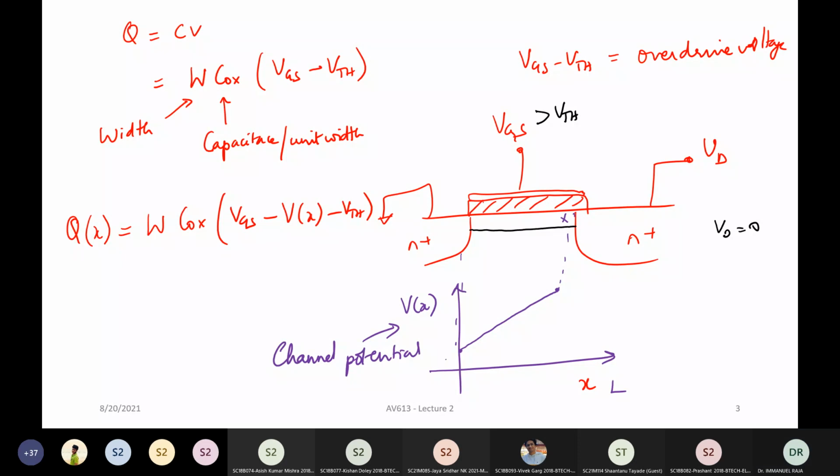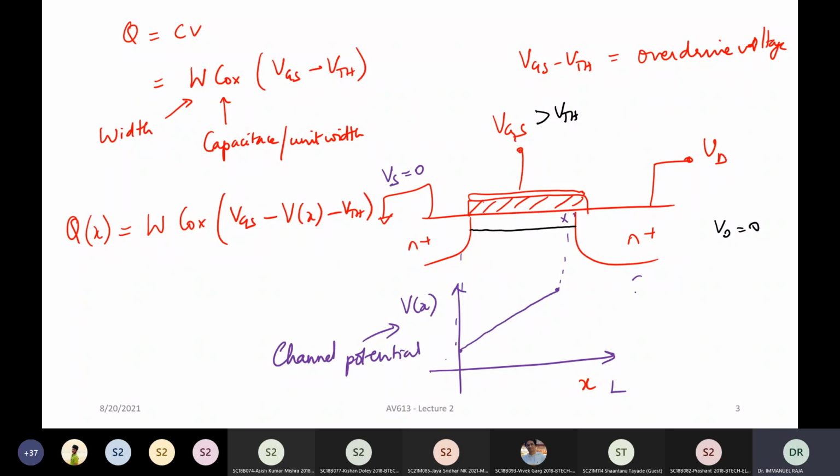All right. Now, when you start increasing VD, okay, now what happens? One end of the channel has got a lower potential, which is, let's say for this example, VS is 0. And now let us say you are increasing the drain potential to 100 millivolt. All right. So now what happens? It cannot remain the same because in the vicinity of the drain, you're going to have a lower effective gate to channel potential.